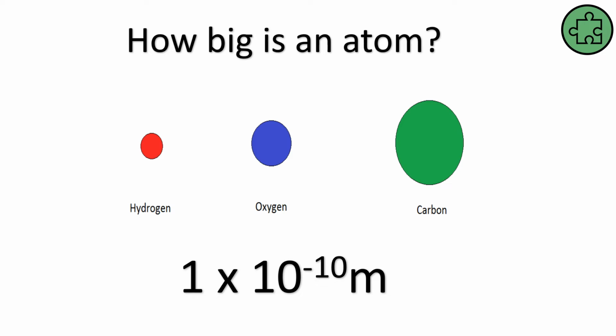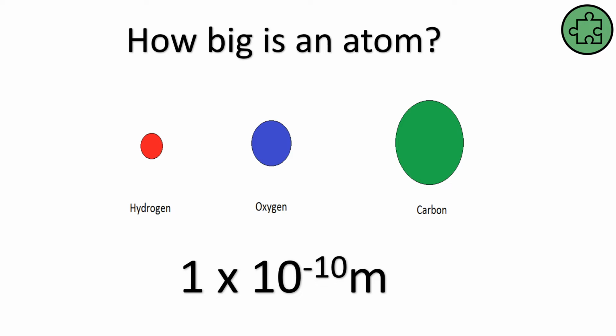So how big is an atom? Well, that's like asking how big is an elephant. Which elephants are you talking about? Well, atoms are all different and each element has a different size atom. Hydrogen here you can see is very small. Oxygen is a bit bigger. Carbon is a bit bigger still. Some of the other elements at the end of the periodic table like uranium and plutonium, well, they're much bigger still.